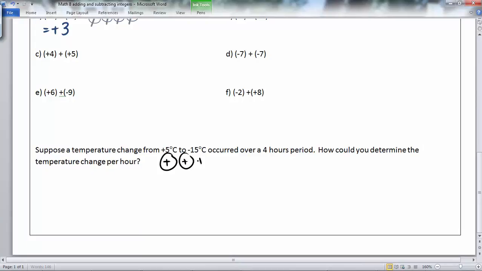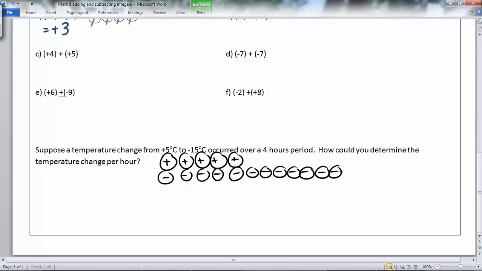We started out like that, and then -15. 1, 2, 3, 4, 5. And I think that's my 15. So after I do all my zero pairs, cancel, cancel, cancel, cancel, I'm left with negative 10 degrees Celsius. Pretty cool.